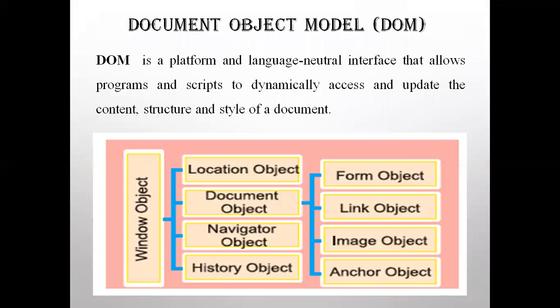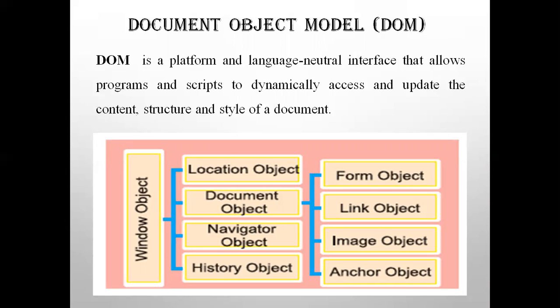In the previous session, we learnt about the document object model, the DOM. Document object model is a platform or an interface that allows programs and scripts to access and update the content, the structure, and the style of the documents.